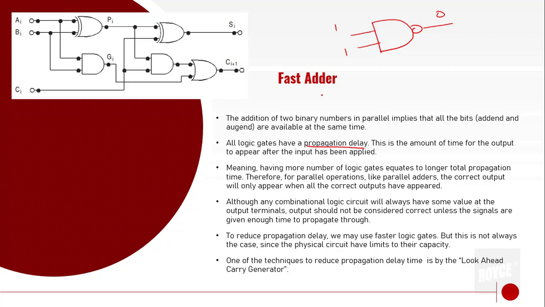Kaya nga, sinasabi natin lagi, it is best to deploy a logic circuit with the least number of logic gates. Para yung propagation delay natin is pinaka-mabilis. One way to reduce the propagation delay is to use yung ating mga fast logic gates. So, meron po yan. Mga fast na logic gates.